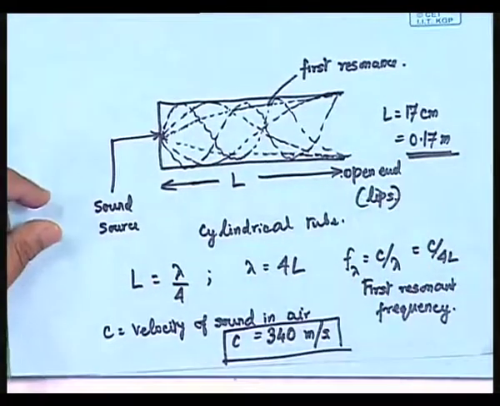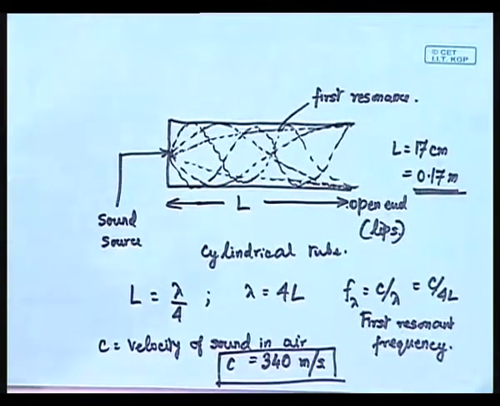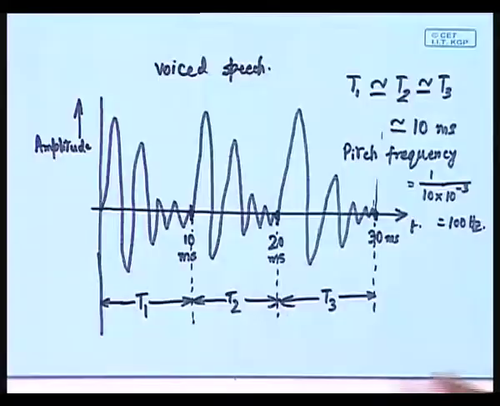Mind you that the model that we have considered is valid only when there is unrestricted airflow, but that is not always possible, because while producing different speech sounds, we invariably produce some constrictions, and the constrictions make this model somewhat different.